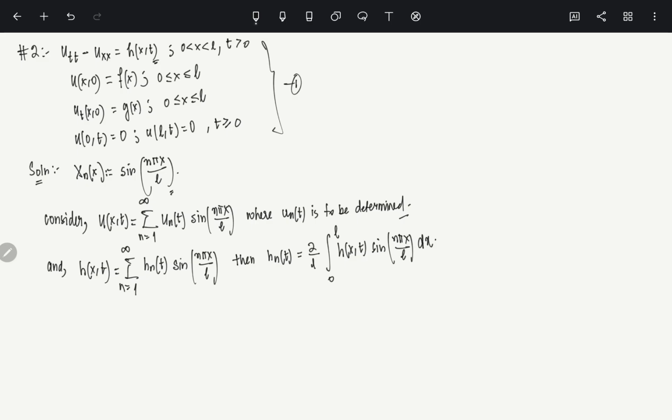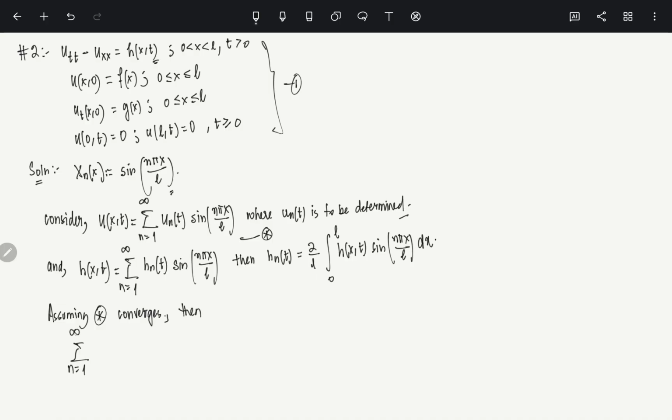This is an infinite series, star, and we are assuming that star converges. Then we can put it in the equation.